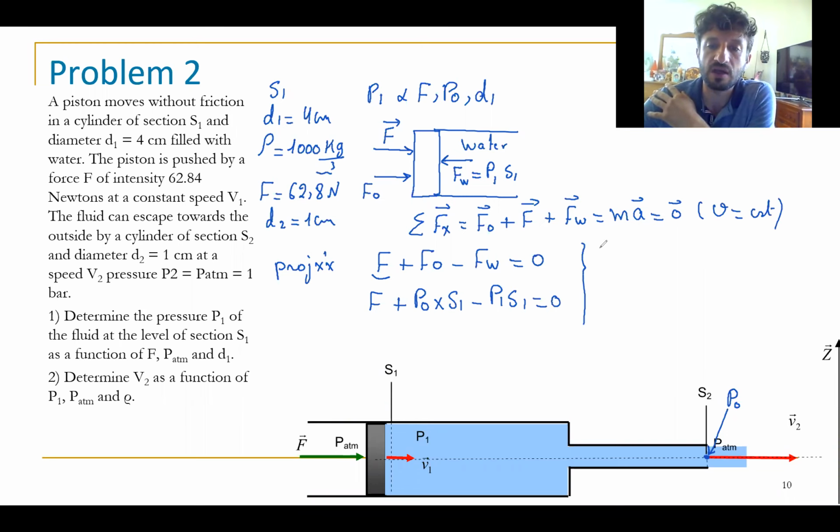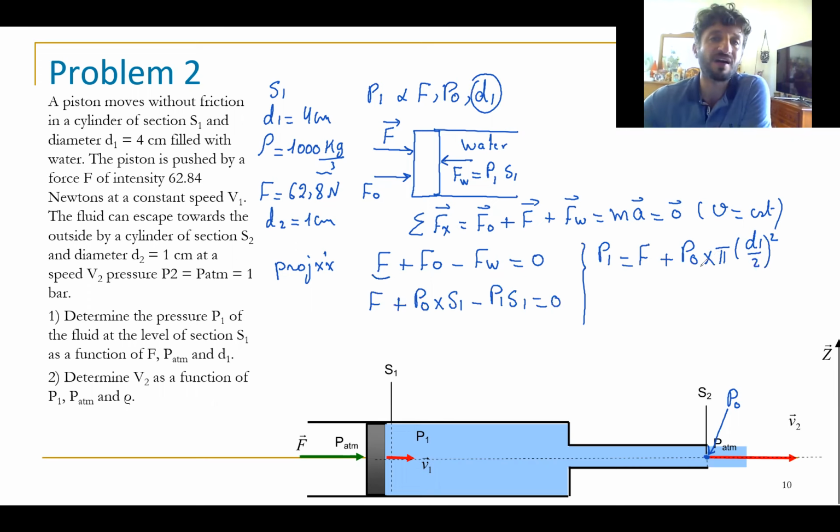We can now calculate P1 as a function of F. I need to express it in terms of D1, not S1, so S1 equals pi times (D1 divided by 2) squared, which is pi r squared.